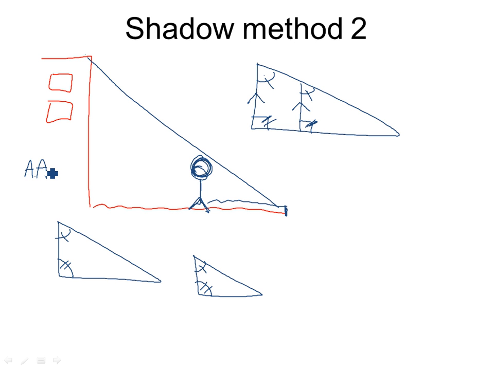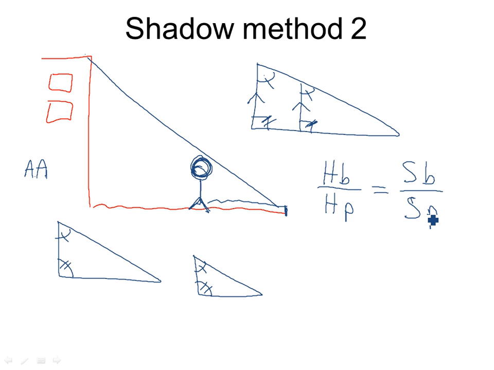If that's the case, then the proportion we can set up is the height of the building compares to the height of the person, the same as the building's shadow compares to the shadow of the person.